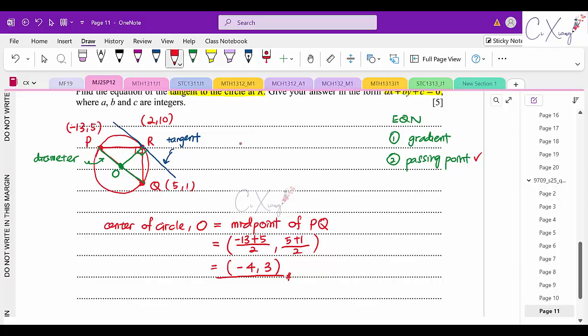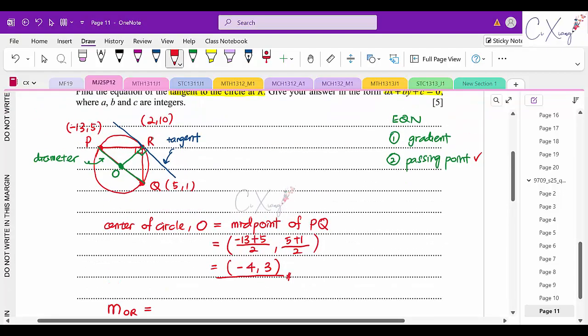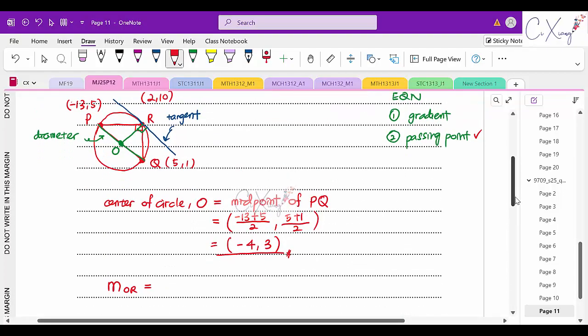Before that, let us calculate the gradient of OR. The center is (-4, 3) and R is (2, 10). So the gradient is 10 minus 3, divided by 2 minus negative 4.